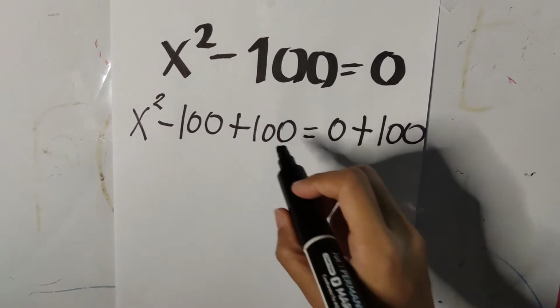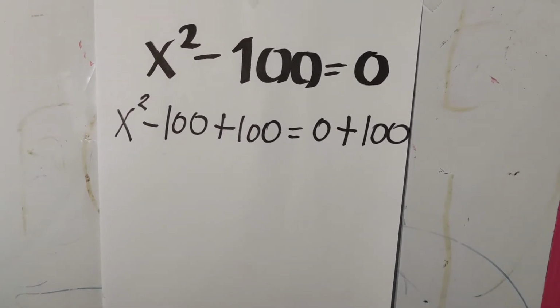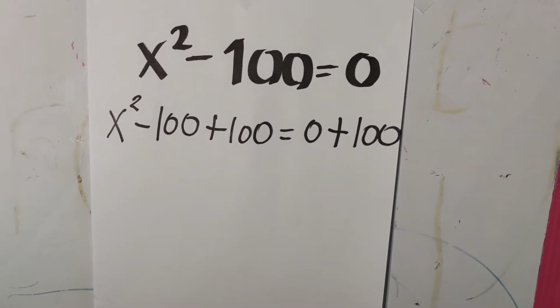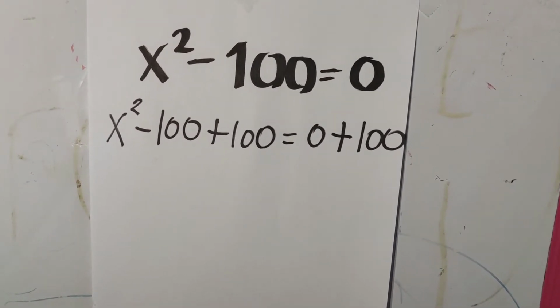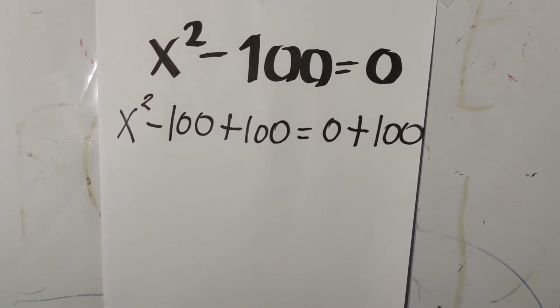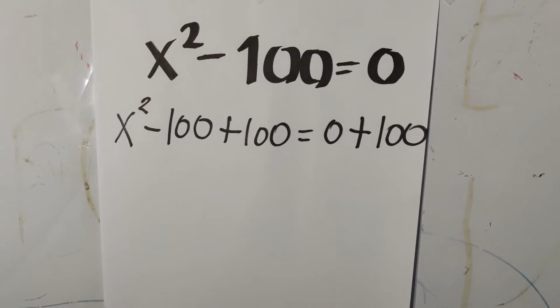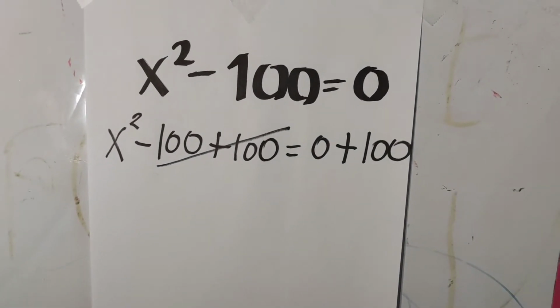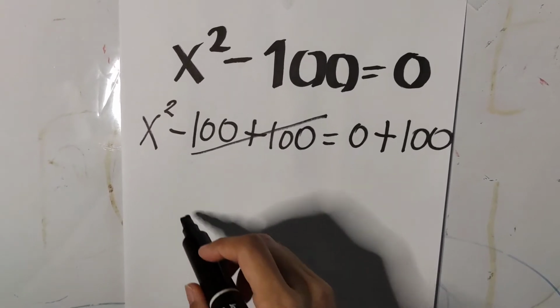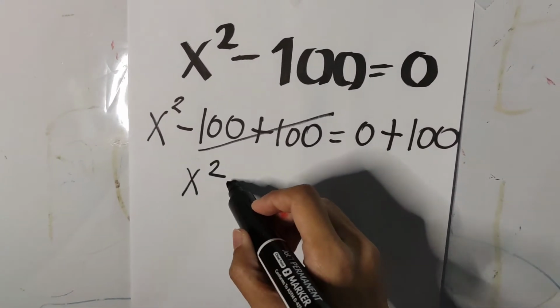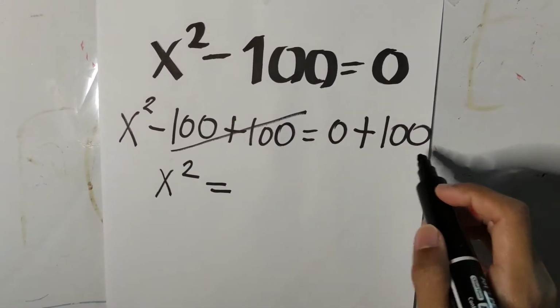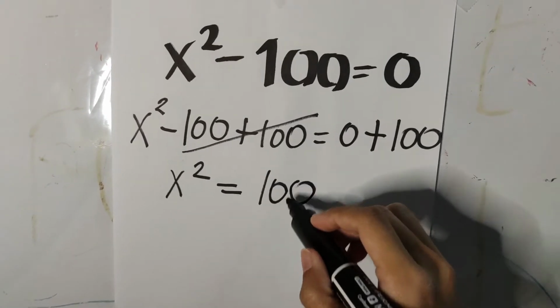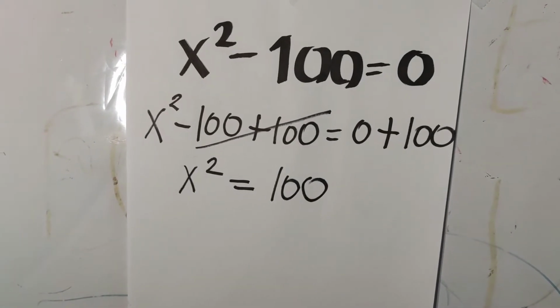So we added 100 on both sides of the equation because whatever you do on the left, you should also do it on the right side of your equation. So we can now cancel negative 100 plus 100 since it results to 0. So we now have x squared is equal to 0 plus 100 is 100.